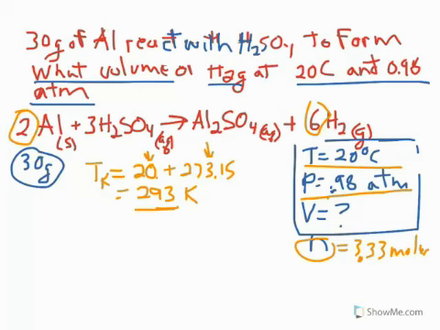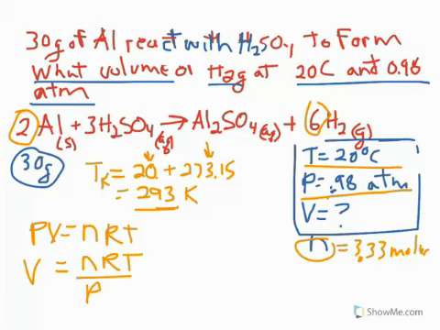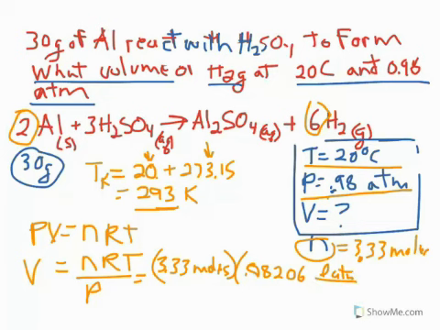So then PV equals nRT. So the volume equals nRT over P, which is equal to, I barely have enough room, 3.33 moles, 0.08206 liter atmospheres per mole Kelvin times the temperature, 293 Kelvin.